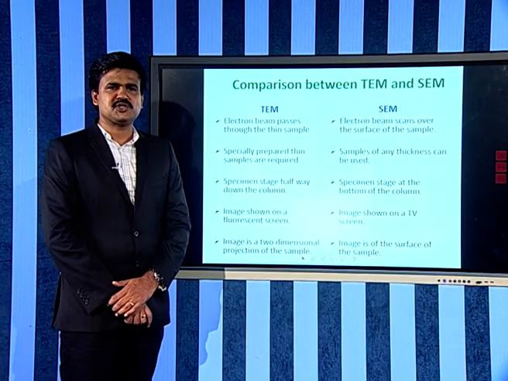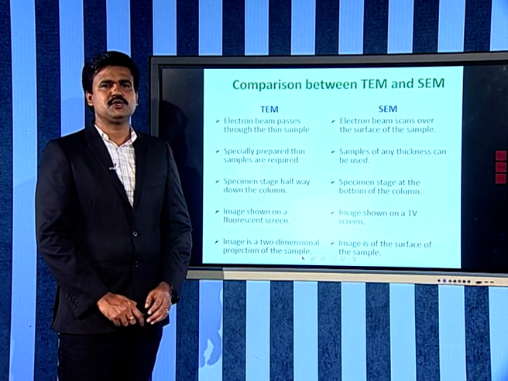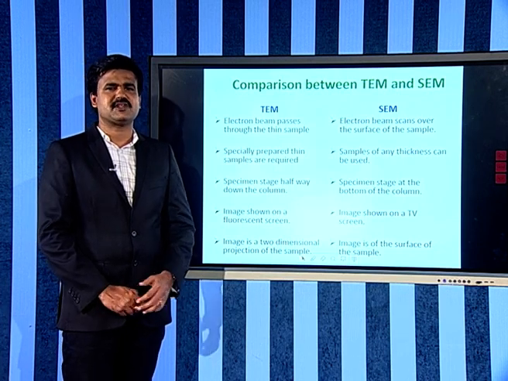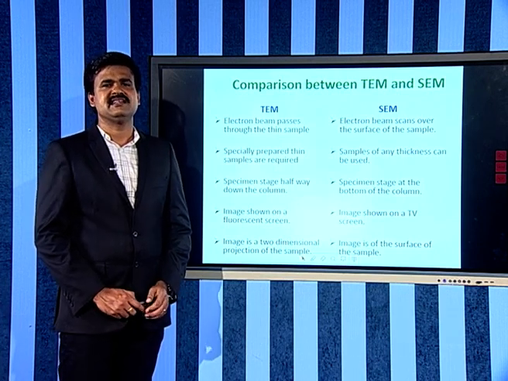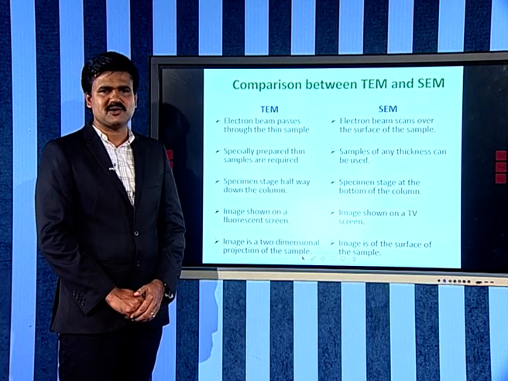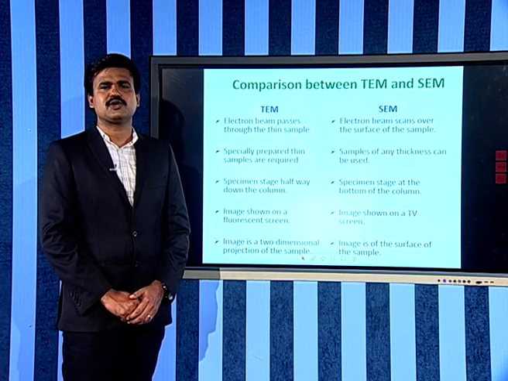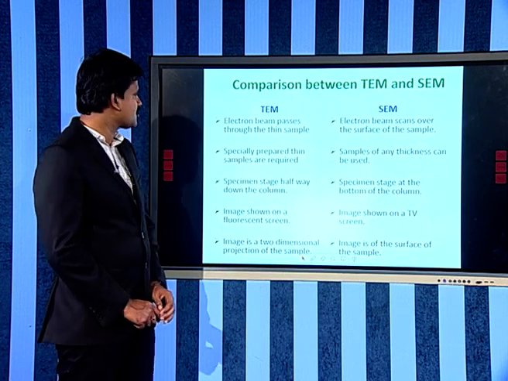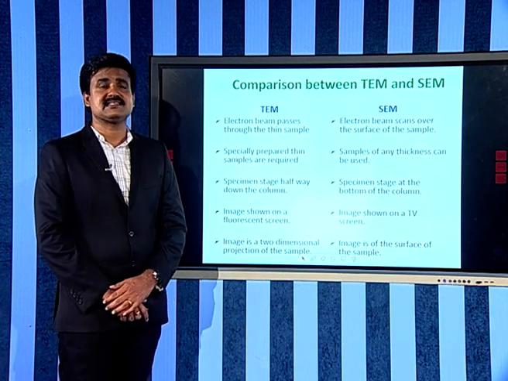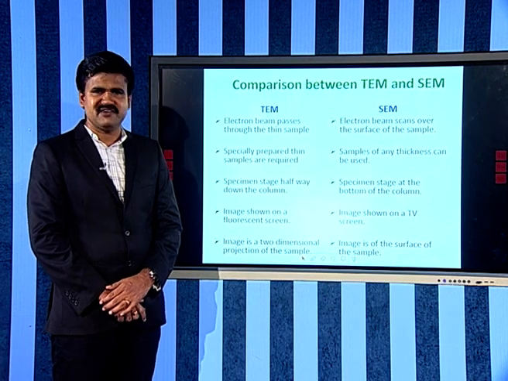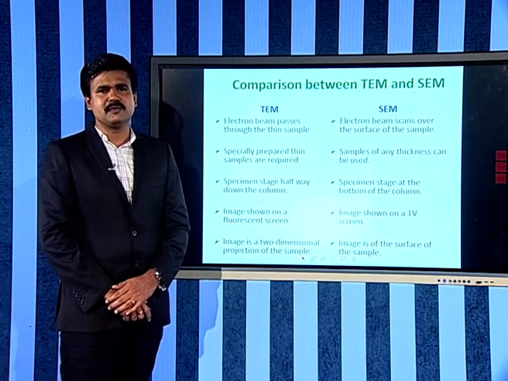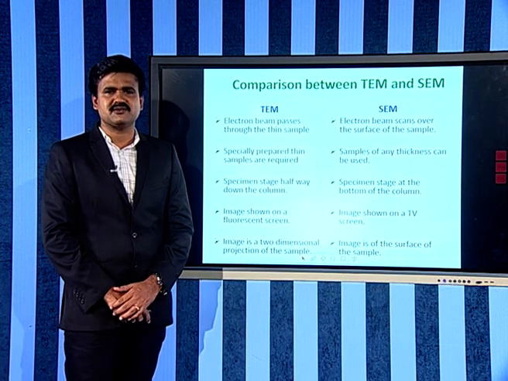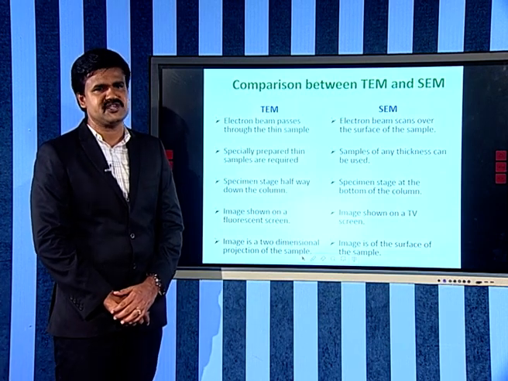It is better to have a comparison between two prime characterization procedures, namely transmission electron microscopy and scanning electron microscopy. In the case of transmission electron microscopy, the electron beam passes through the thin sample, whereas in SEM the electron beam scans over the surface of the sample, there is no transmission.